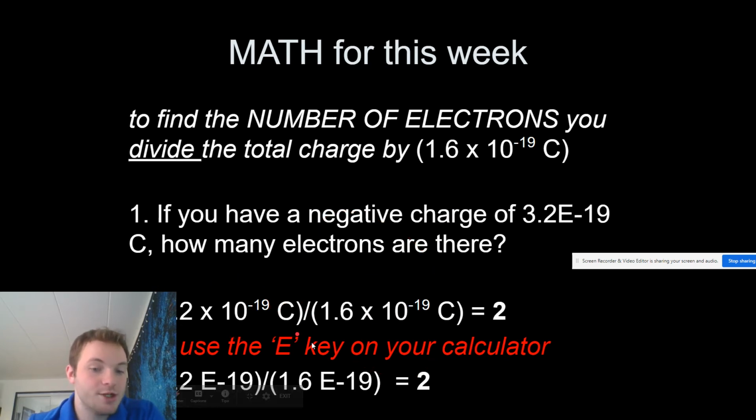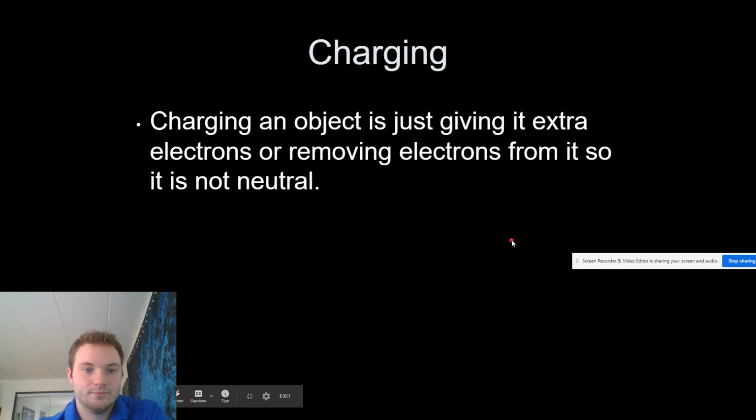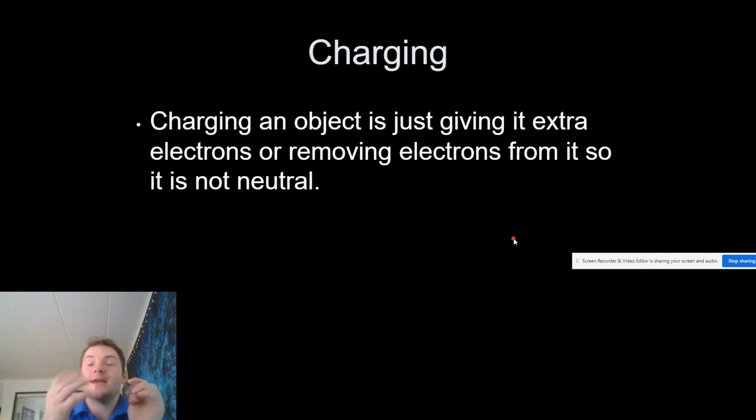So the total charge divided by the charge of 1 electron will give you the number of electrons. You'll see the math down here too, 3.2 times 10 to the negative 19th divided by 1.6 e to the negative 19th. That's where that number comes from. That number is the charge for 1 electron. If you're told the number of electrons, you can find the total charge. Or if you're given the total charge, you can find the number of electrons.